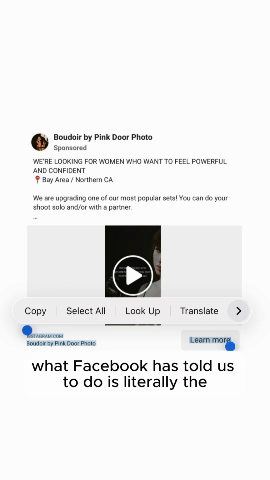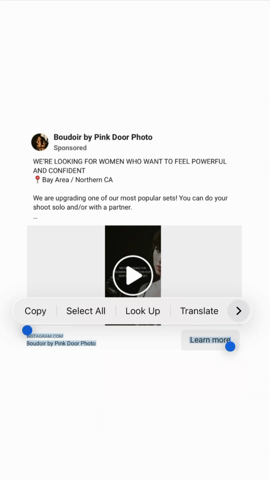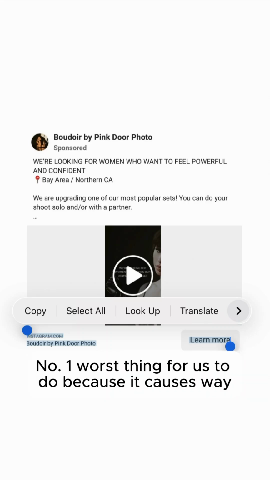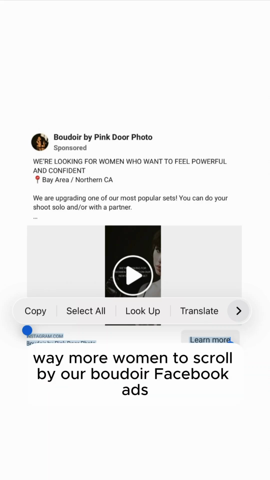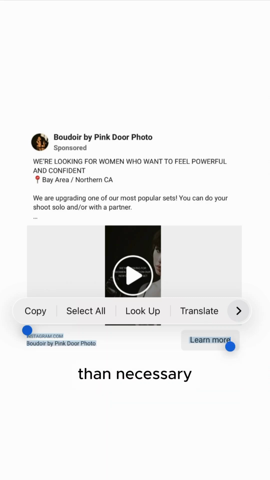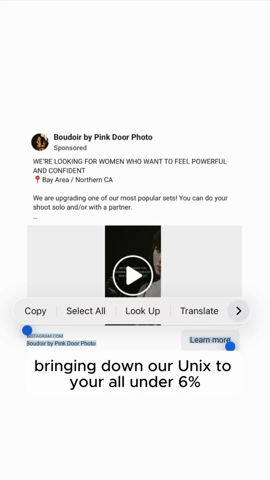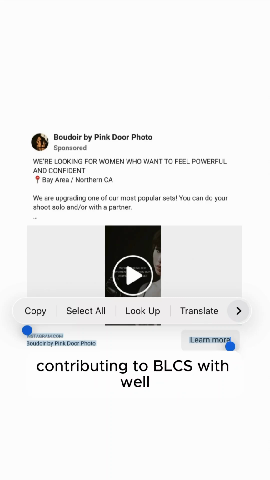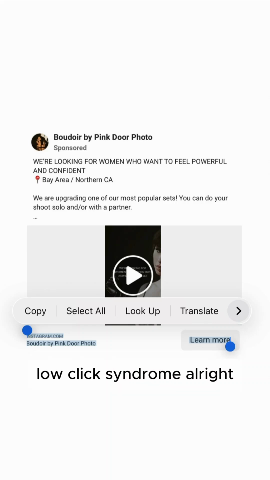And following what Facebook has told us to do is literally the number one worst thing for us to do, because it causes way more women to scroll by our Boudoir Facebook ads than necessary, bringing our unique CTR under 6%, contributing to BLCS, Boudoir low click syndrome.